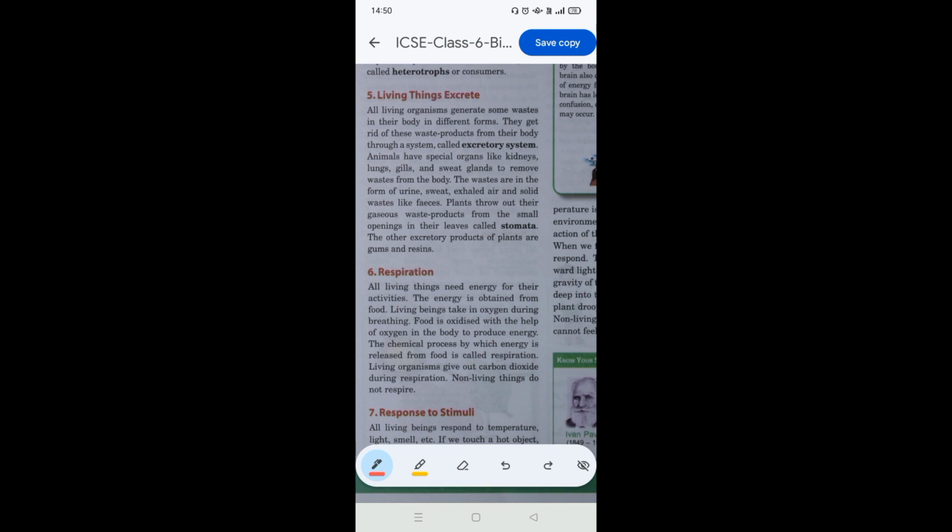In case of animals, they have special organs like kidneys, lungs, gills in case of aquatic organisms, and sweat glands, which give out sweat from their bodies.